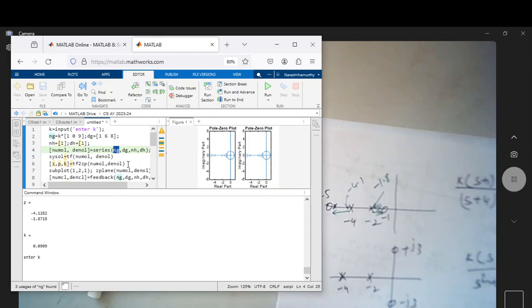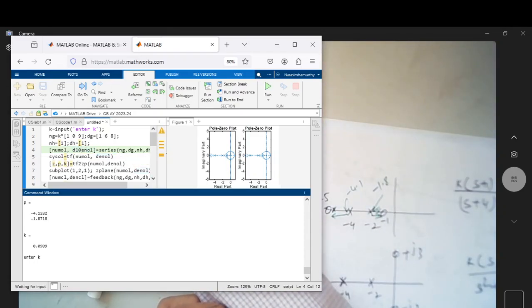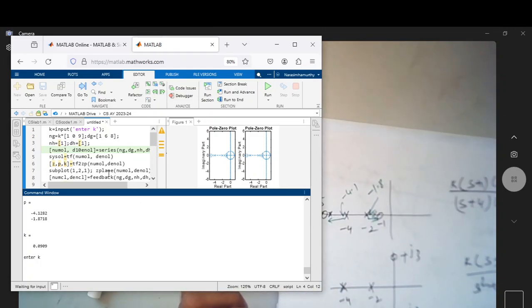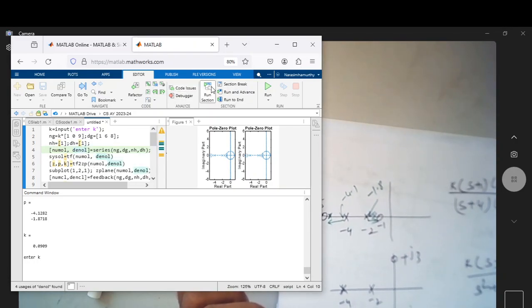Sorry, this is not yet altered. I need to change this 10 as entered here. Now let me run this.